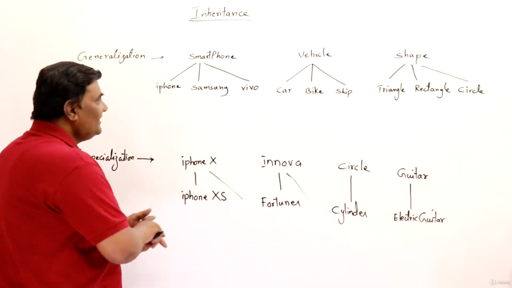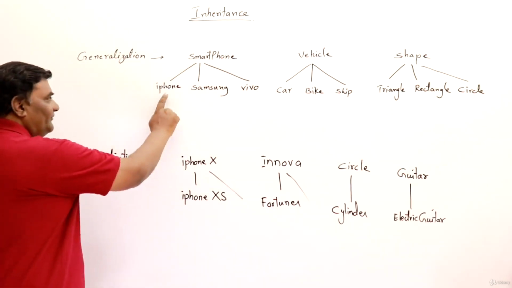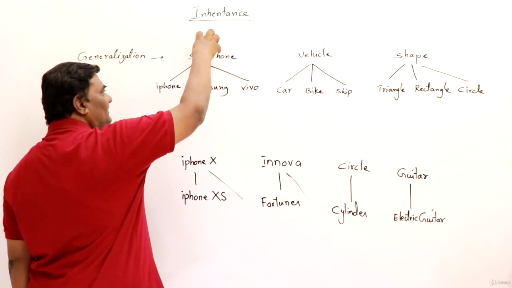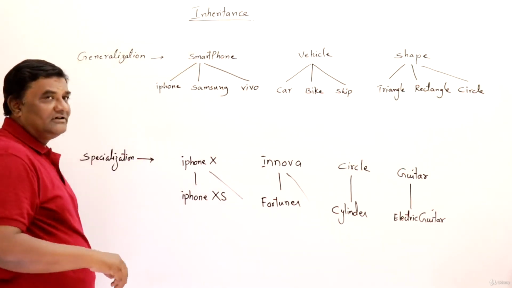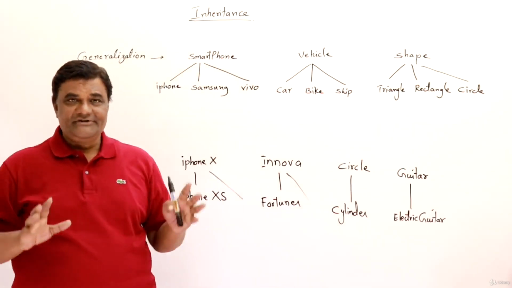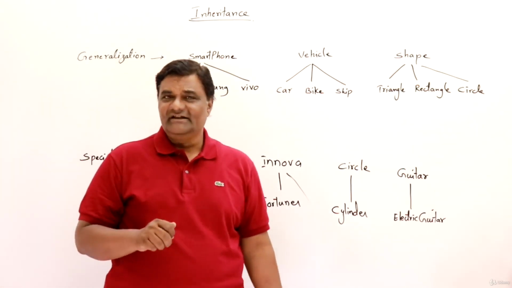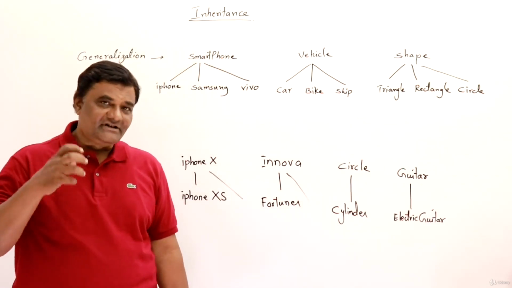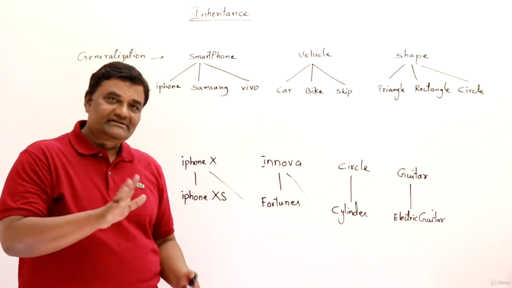If I pick up the first example, iPhone, Samsung phone and Vivo phone are all phones and we call all of them smartphones. When we say smartphone, we get an idea about some features like making a call, playing games, playing music or accessing the internet.